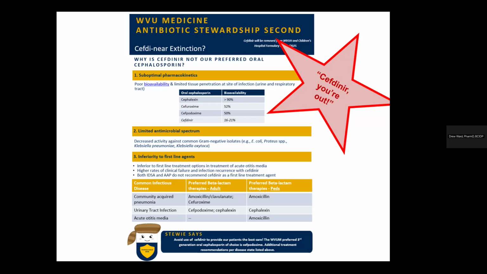This is just an example of an EduBlast graphic that we sent out as education on the formulary removal of Cefdinir, illustrating opportunities for using alternatives like amoxicillin clavulanate or cefuroxime in the case of community-acquired pneumonia, or things like Keflex, cephalexin, or cefpodoxime in urinary tract infection.